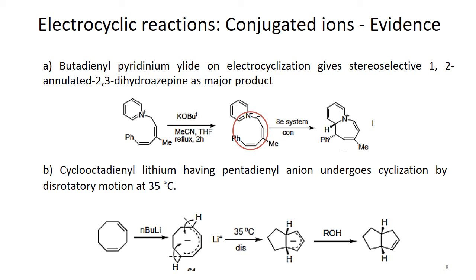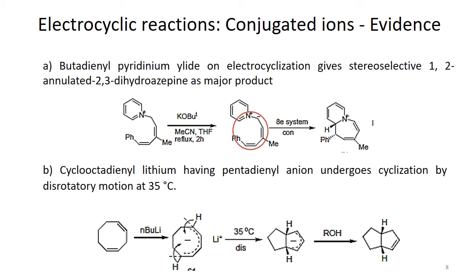Anyways, talking about the second example, where the cyclooctadienyl anion is there. So how is it generated? We use butyl lithium, a strong base that extracts a proton, because there are 2 carbon-carbon double bonds, and the carbon atom in between these 2 carbon double bonds is highly acidic, because it can give one proton and can transform into a resonating structure.